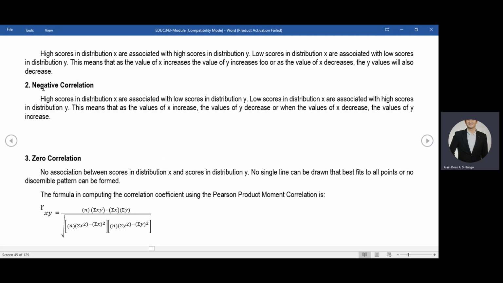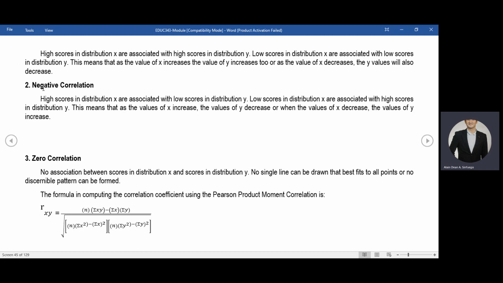Positive correlation: high scores in distribution X are associated with high scores in distribution Y, and low scores in X are associated with low scores in Y, which means that as the value of X increases, the value of Y increases too, or as the value of X decreases, the Y values also decrease.